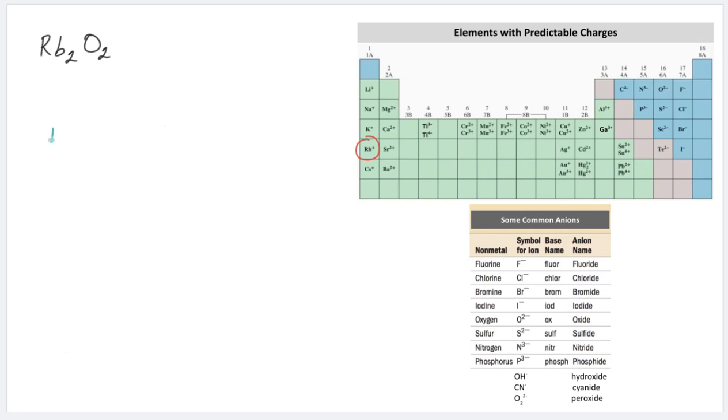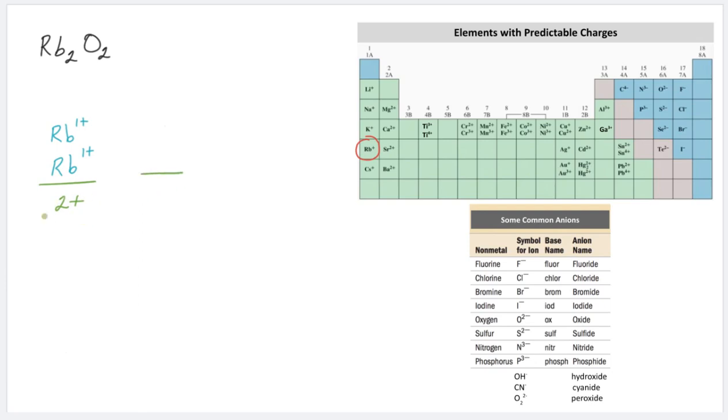But we have two of them, so in total we're going to have a 2+ charge.